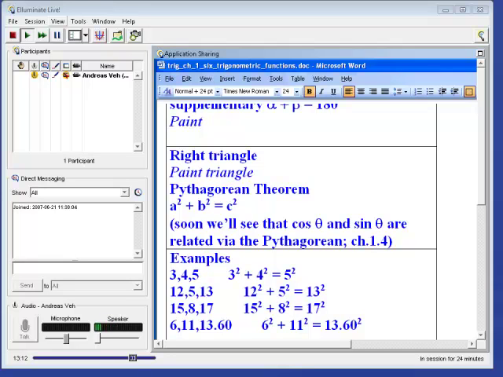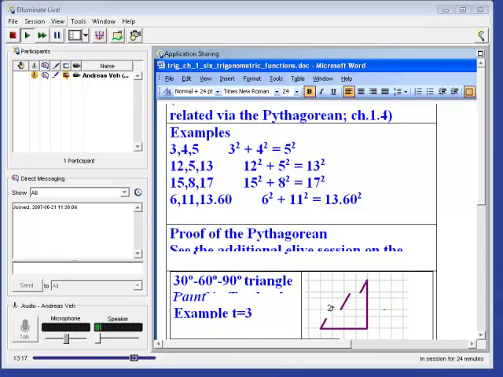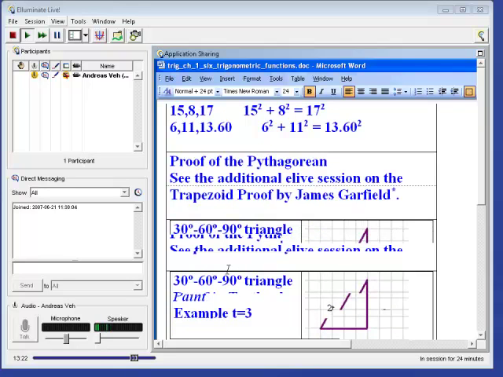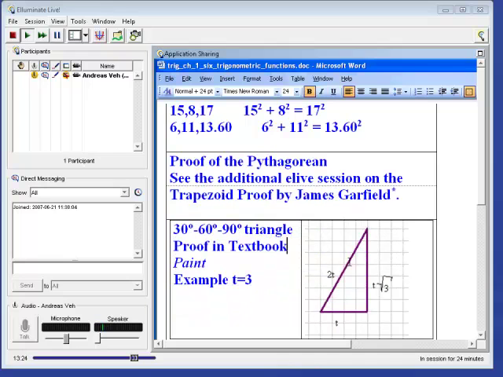Let's look at some special triangles, such as the 30, 60, 90 degree triangle, and I already got it from Paint here, pasted in here. And the proof is in the textbook. And when you have side t equals 3, then the other side here comes out to t times the square root of 3, and I have to borrow a square root from somewhere.